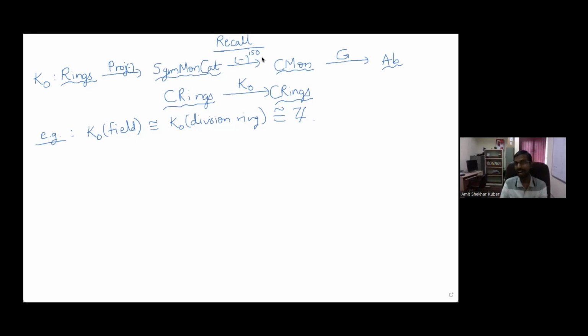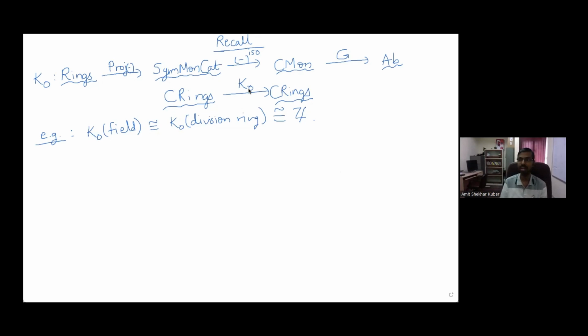From there, we take the isomorphism classes of such modules, which is a set. Together with the direct sum operation, we get a commutative monoid. From a commutative monoid, we get its group completion, which is an abelian group. This whole construction is known as K0.